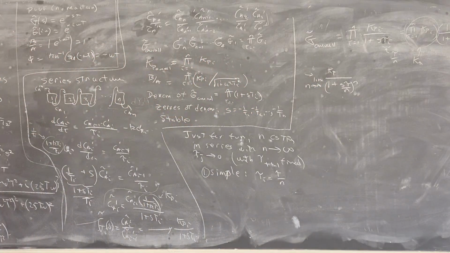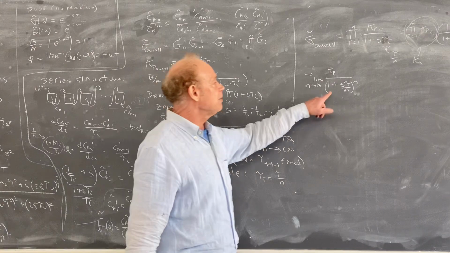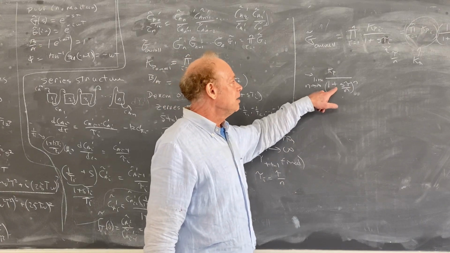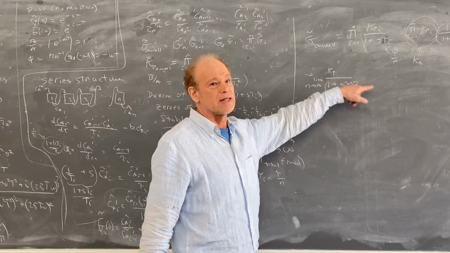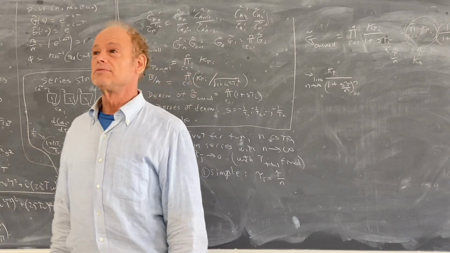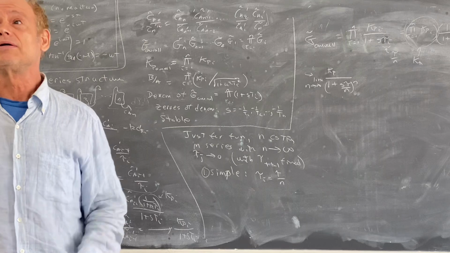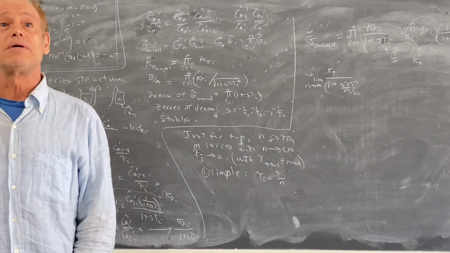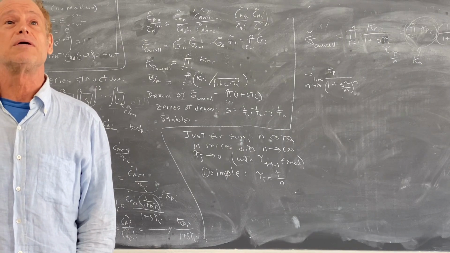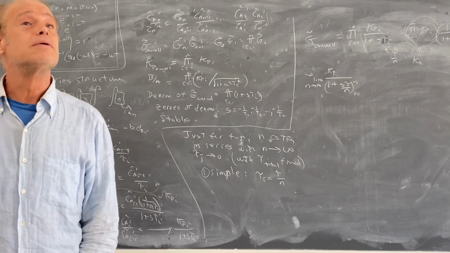But do you remember this from high school? What's the limit as n goes to infinity of 1 plus something over n to the nth power? Someone has to take their mask down and tell me. I can't hear you when you have your mask on. Good?